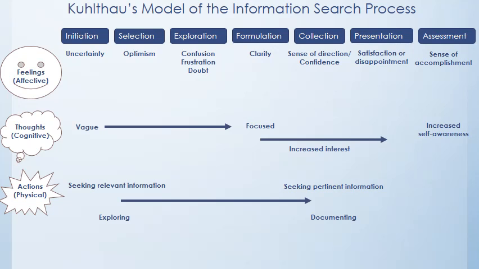The ISP model describes feelings, thoughts, and actions of students as they are involved in complex inquiry tasks in which they are required to construct their own understanding. I won't go into depth on the Kuhlthau model here, as this is just showing that guided inquiry is based on this model.